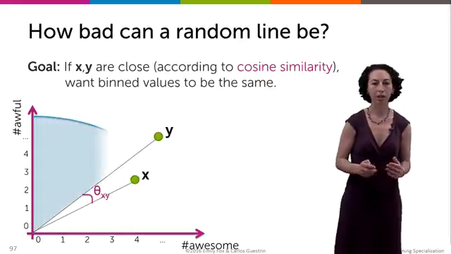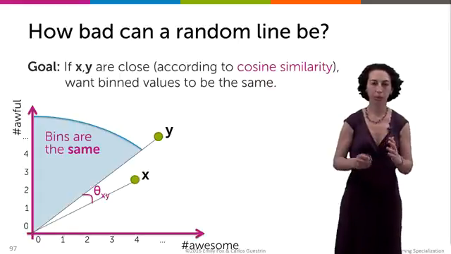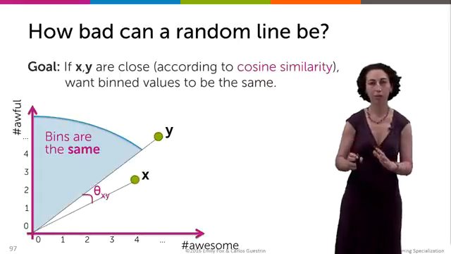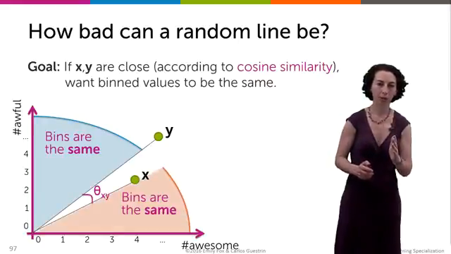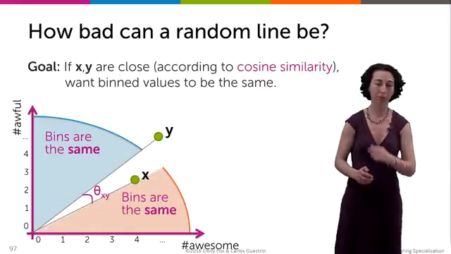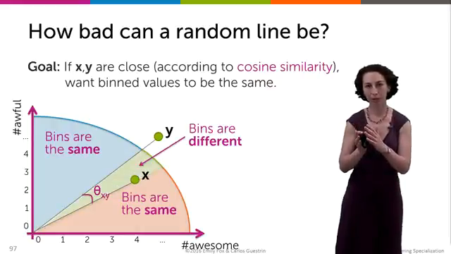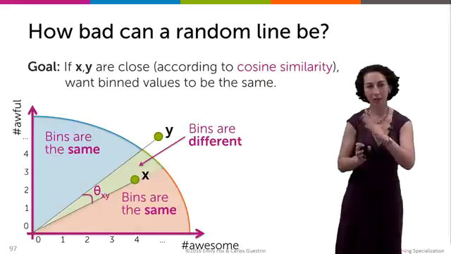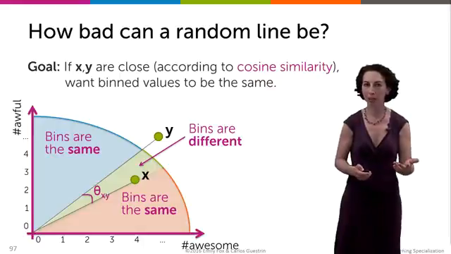Okay, so what we're saying is that this whole range of lines that I'm showing in blue place both x and y into the same bin, bin 1. And all of the lines that fall into this orange region place both x and y into bin 0. But then there's this green range where any line that falls in that space is going to put x and y into separate bins. But the question is, what's the chance of that happening?